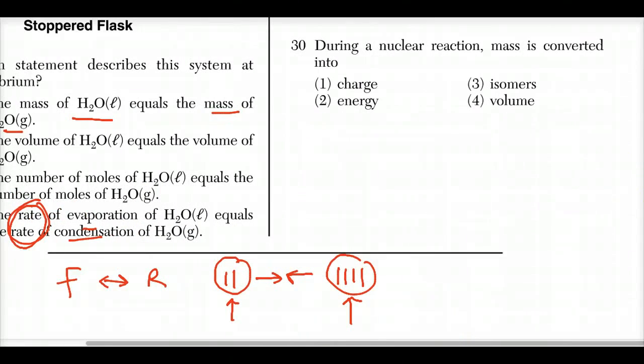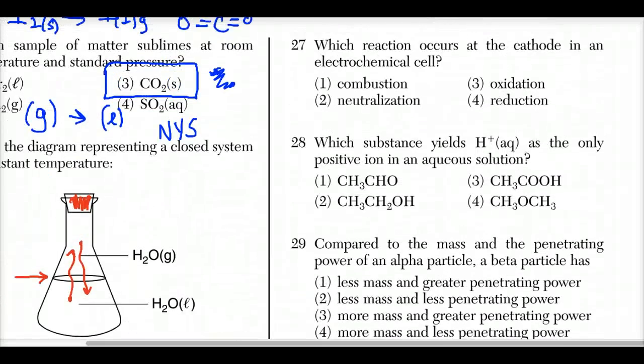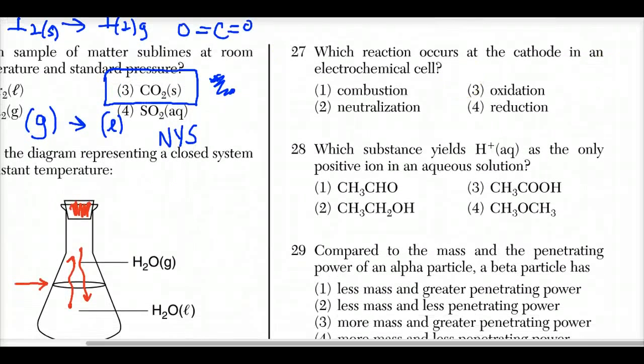All right, so let's go back up to the top. And number 27, which reaction occurs at the cathode in an electrochemical cell? Now, electrochemical cell could either mean a voltaic cell, which is the battery, or an electrolytic cell that requires a battery.